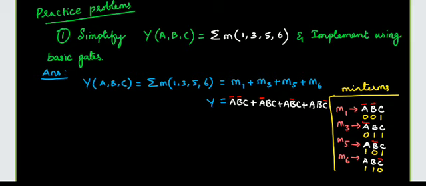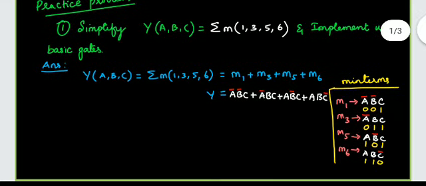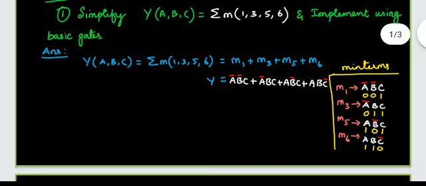So we'll see. To do this problem you have to know about min terms and you have to know about logic gates AND, OR, NOT. So we'll see how to simplify this problem and implement the diagram by using basic gates. Y of a comma b comma c equal to summation m of 1 comma 3 comma 5 comma 6.